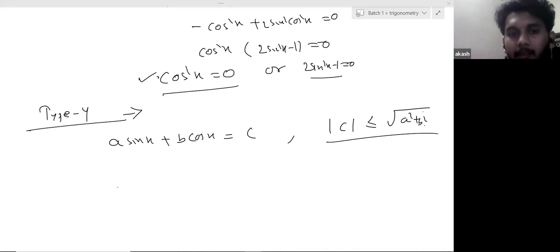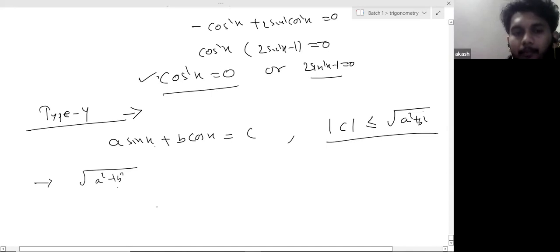If you see something into sin x plus something into cos x is equal to c, you just have to divide the whole equation by under root a square plus b square. Divide both sides.